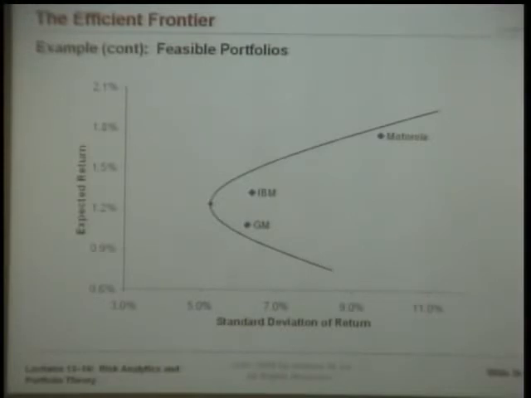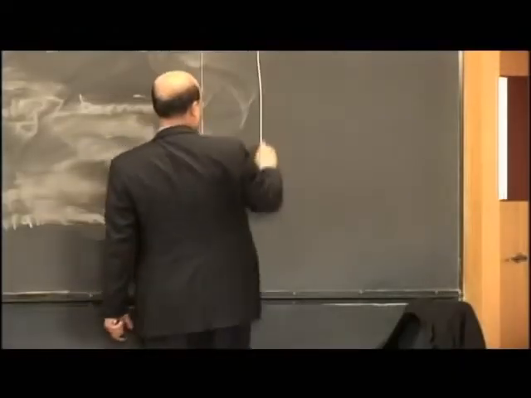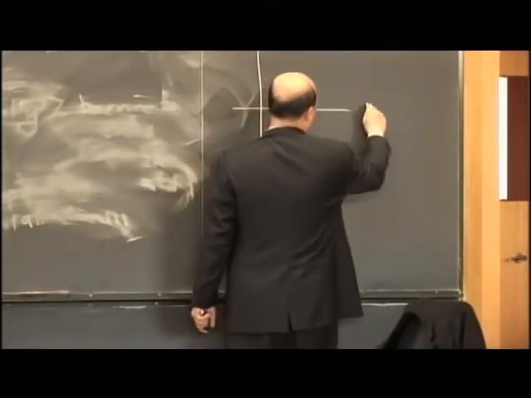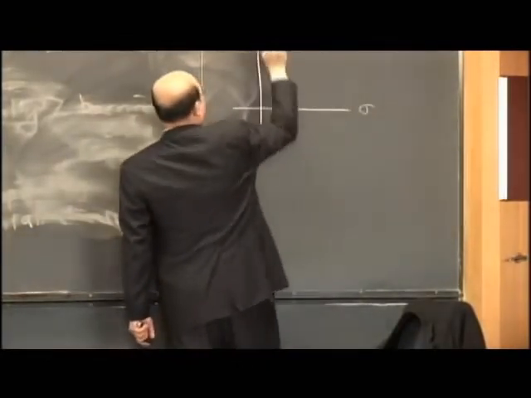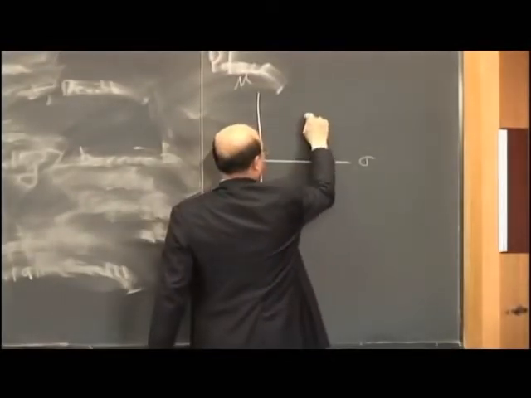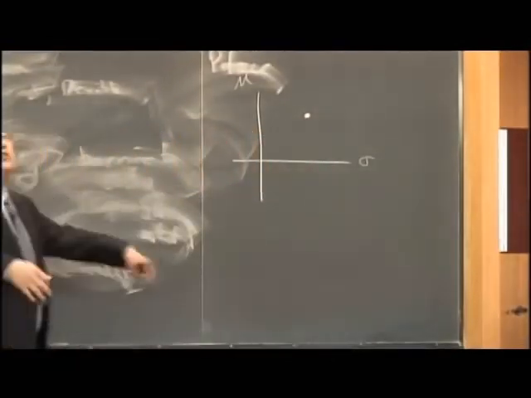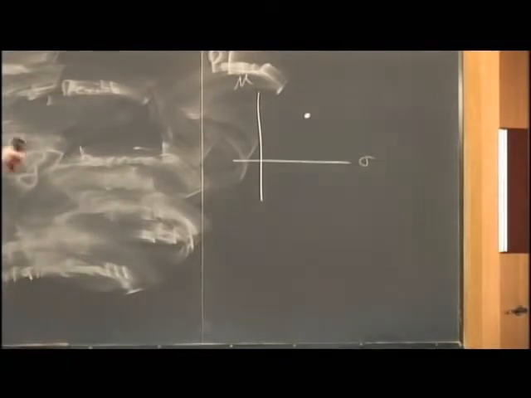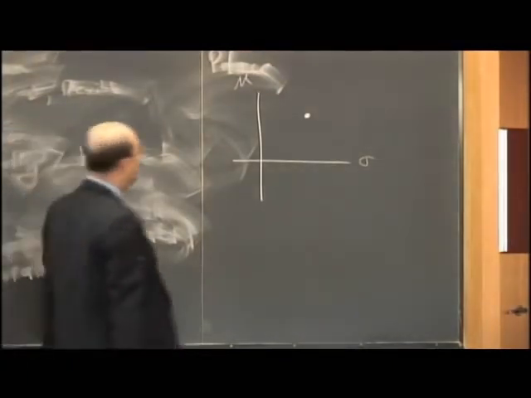In other words, the way you can identify securities that are dominated in both dimensions is, this is your risk dimension, this is your expected return dimension. Pick a point in this space and ask the question, what are the other portfolios that are strictly preferred to that point? Well, the answer is pretty simple.